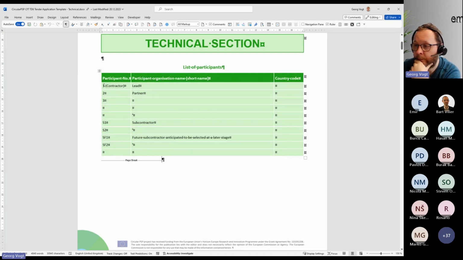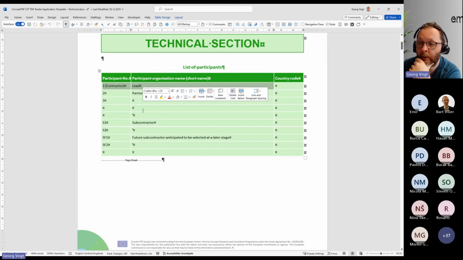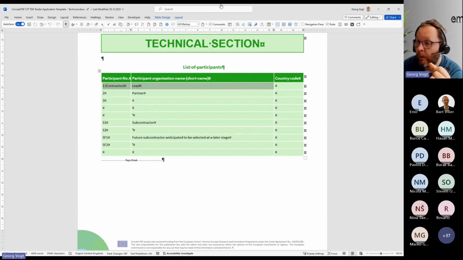So there will be definitely one contractor, one lead. This is the person who signs the contract, and this is the person who is the first point of contact during the project. It does not mean that it can become softer over time, but principally speaking, this is the single point of contact.